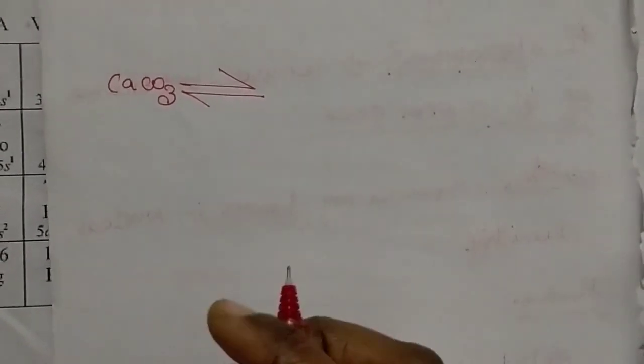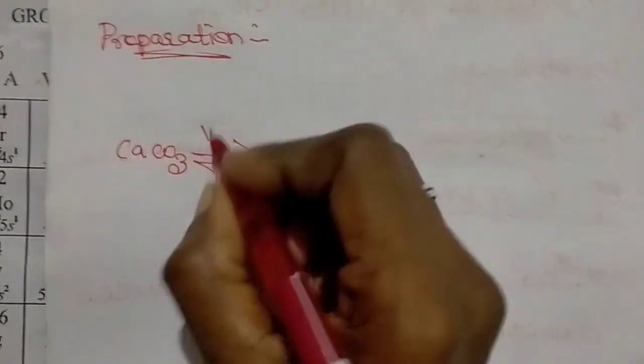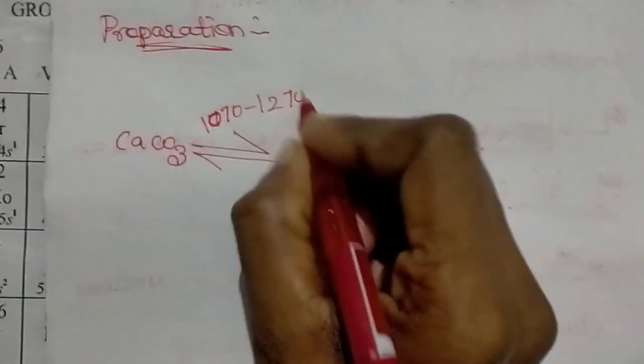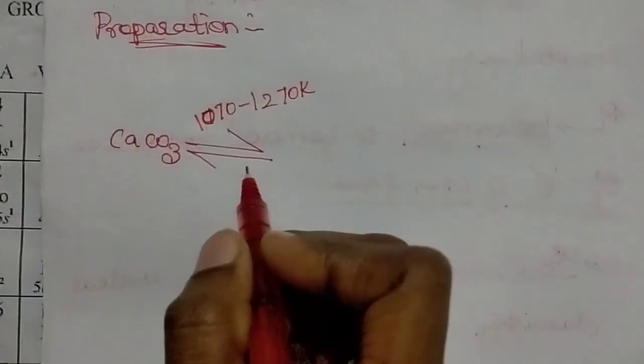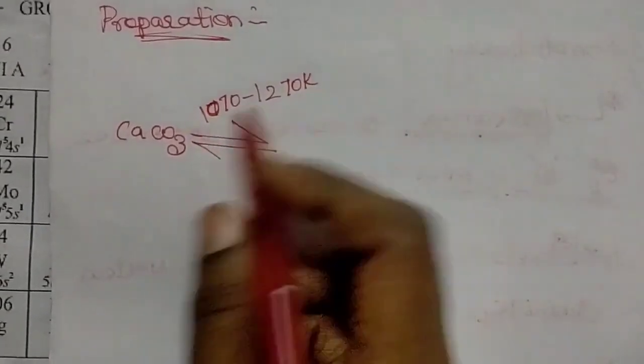It is a commercial process to prepare quicklime with the help of calcium carbonate in the lime kiln at about 1070 to 1270 Kelvin. The range is 1070 to 1270 Kelvin in the lime kiln, as written here.